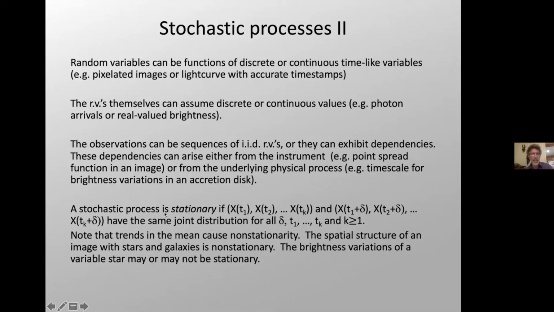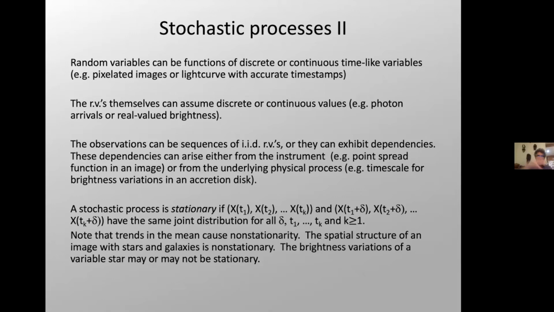So a stochastic process is stationary if, when you have a series of measurements as a function of, I'll use time, but it could be space or something else, and then you shift it to a different time, or you look at a different part of the image, you have the same distribution. The distribution of the x's, the histogram essentially of x values, is unchanged in different parts of the data set. That's called stationary.